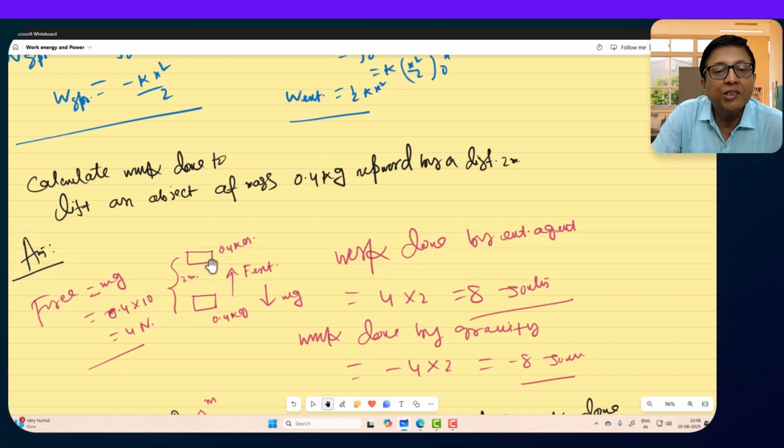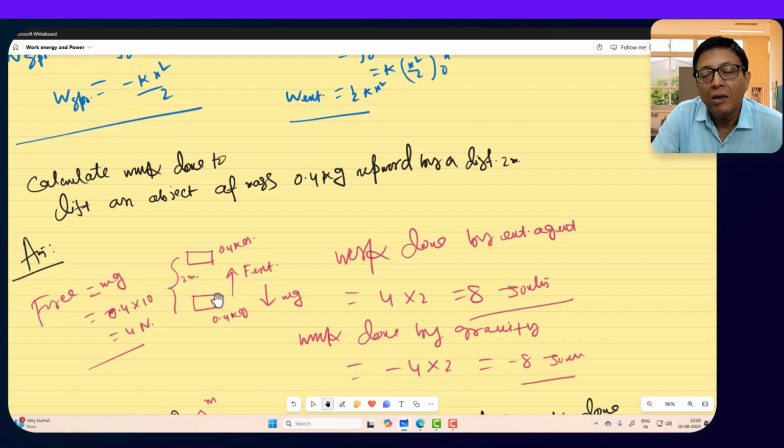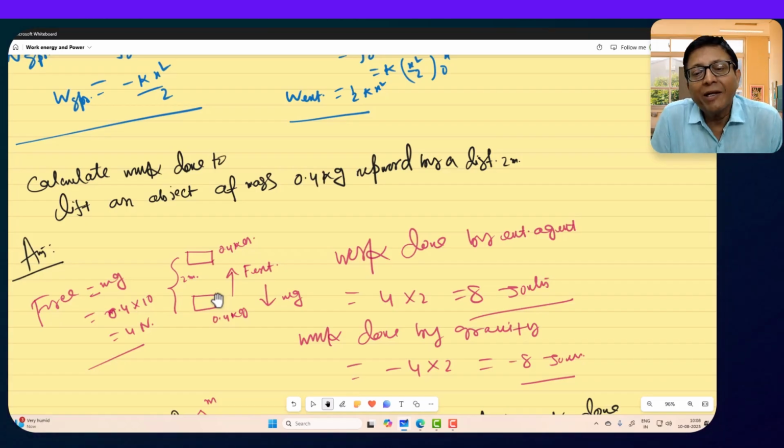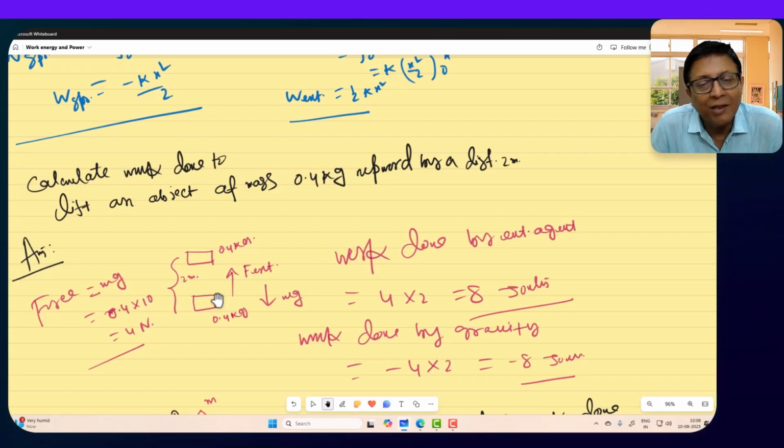Okay, there is no change of kinetic energy. Just work done by the external agent. When you are doing it, the object is pulled, lifted upward slowly. Gravity is also taking it downward by an acceleration g, that we cannot deny. So work done by gravity is negative.